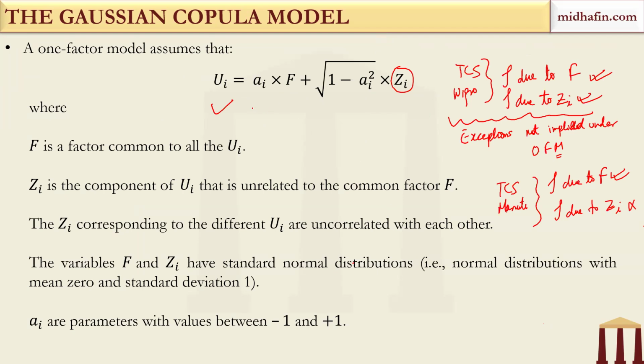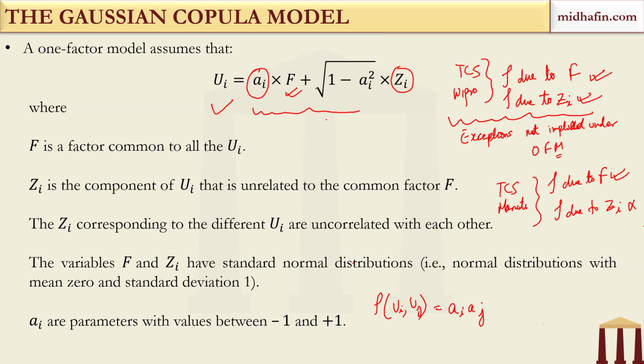Based on this model, one more thing I want to write over here: it can also be derived that the correlation between UI and UJ is AI times AJ. So again, in simple terms, just multiply these two, AI and AJ, because their relationship is a common factor.